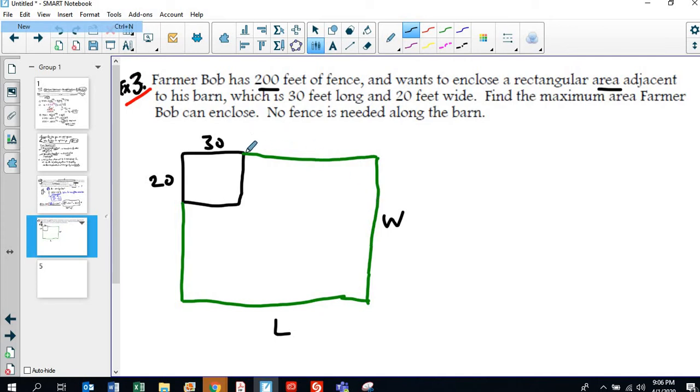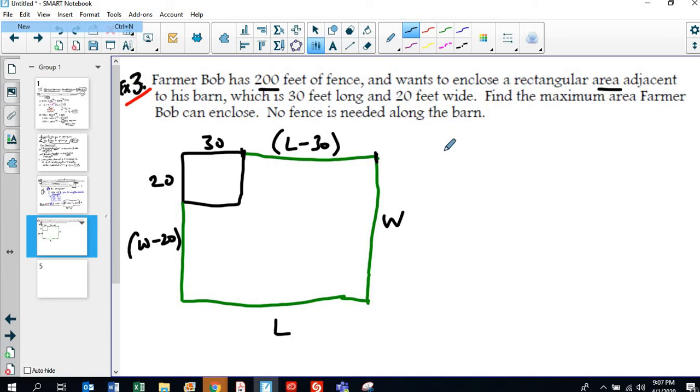This side is not L, because this side, 30 of the feet on this side of my rectangle, has to be the same as this side. The length of my rectangle is not going to use fence around the barn. That doesn't make any sense. We already have a barn, right? So this is going to be 30 feet less, and over here, this is going to be 20 feet less. And so we have W minus 20 and L minus 30 for these sides, okay?